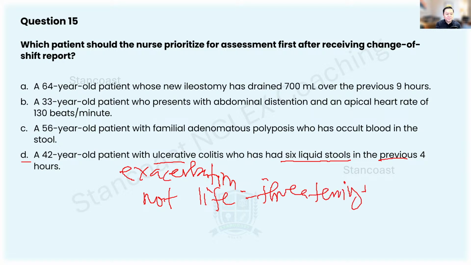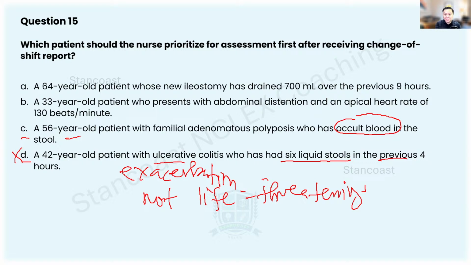Let's take a look at letter C. A 56-year-old patient with familial adenomatous polyposis who has occult blood in the stool. Polyps, possible. It is an expected finding. It is actually suggesting GI bleed, okay? Occult blood, but it's not massive bleeding, right?